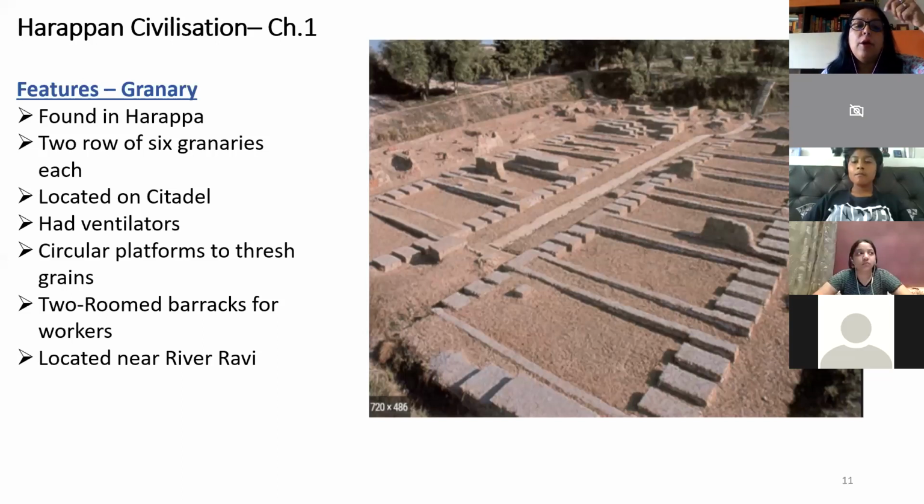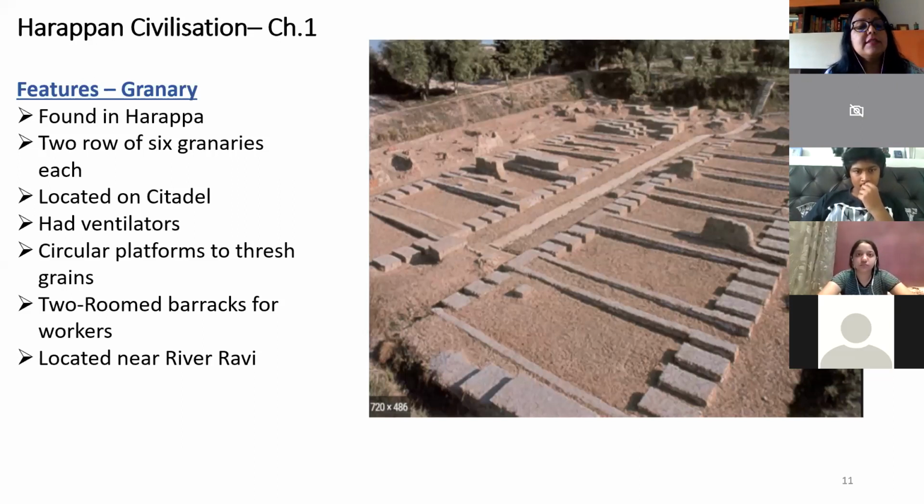Dals and all will become powder. If you have never seen such a thing, next time something like that happens, ask your mom to show you. Such things happen where the grains get spoiled. The dal will get spoiled. That is because of lack of ventilation. So in granaries they had ventilators, so that the grains do not get mildewed.